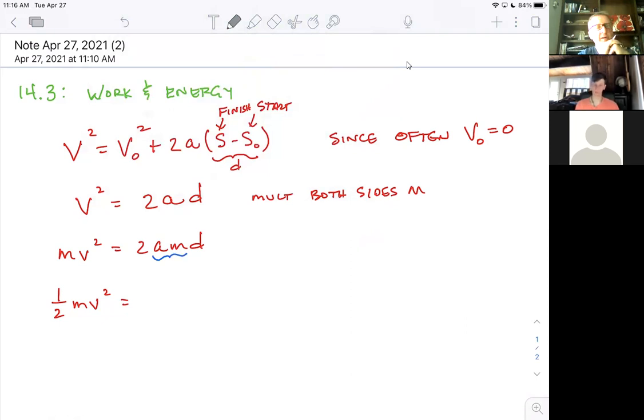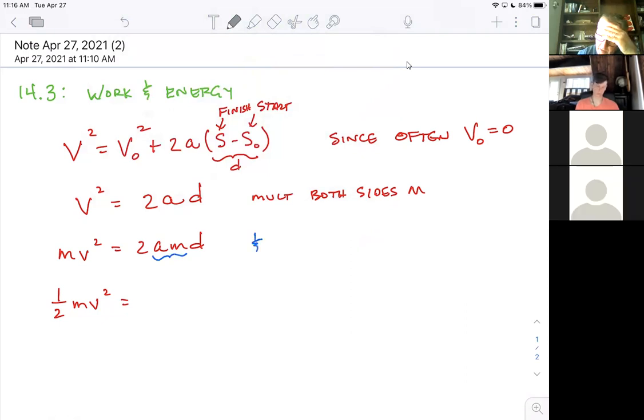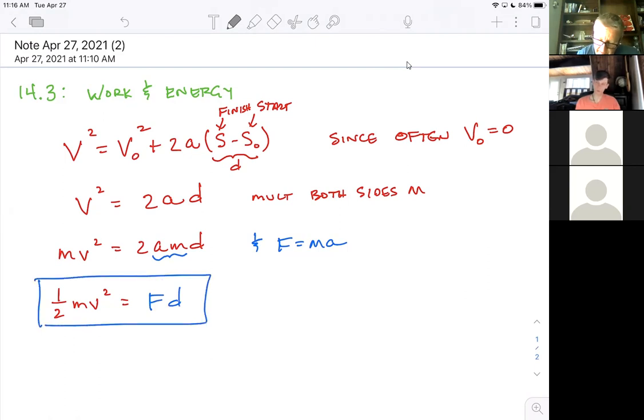What's another name for A times M, given that A is acceleration and M is mass? Force. Yeah. One of the most important equations that exists. Mass times acceleration is just force. And so in the end, what we have here is really a force times the distance. And so my point is, this is defined as energy.